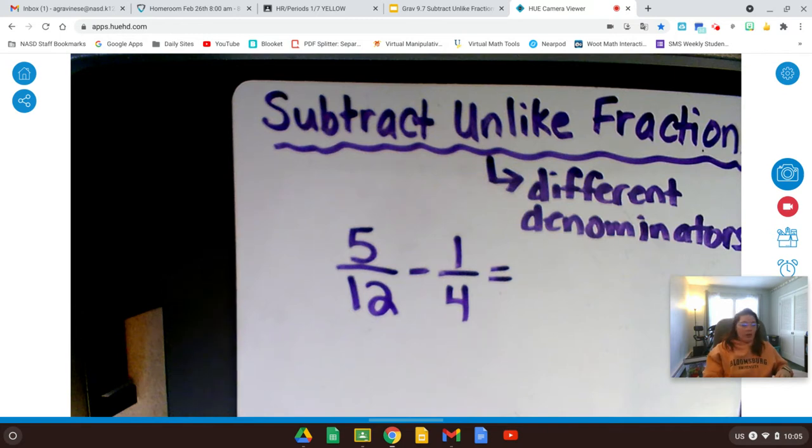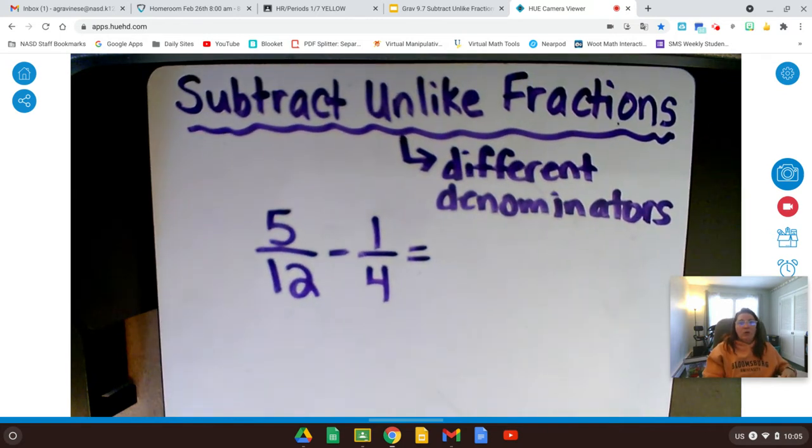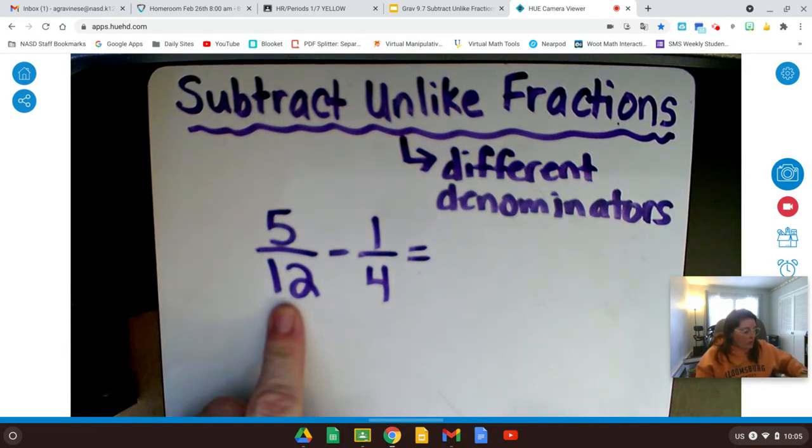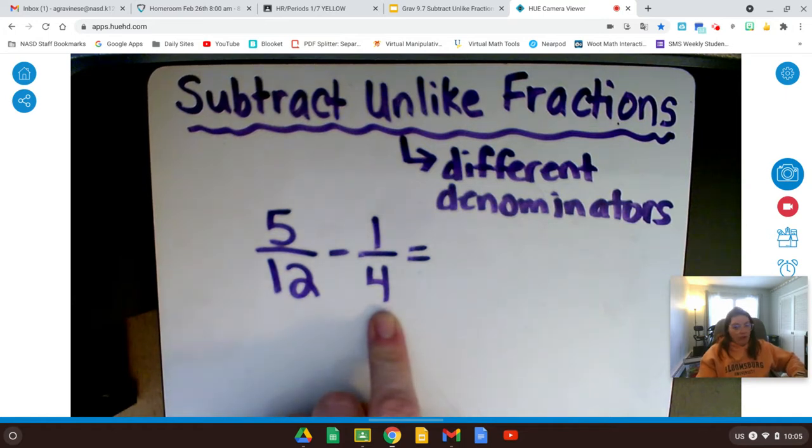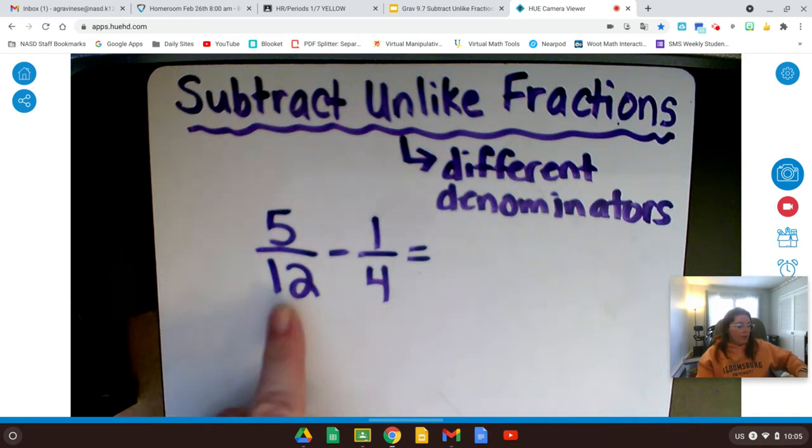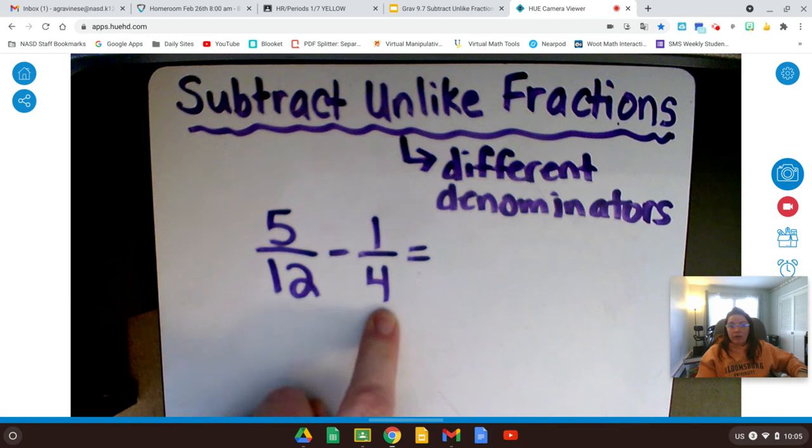Okay? And this could be a real world problem. Maybe we're talking about the length of two things. If the length of an animal is 5/12 of a foot, and the length of a different animal is 1/4 of a foot, and we ask for the difference in their lengths, that would mean that we're subtracting the greater length minus the shorter length.